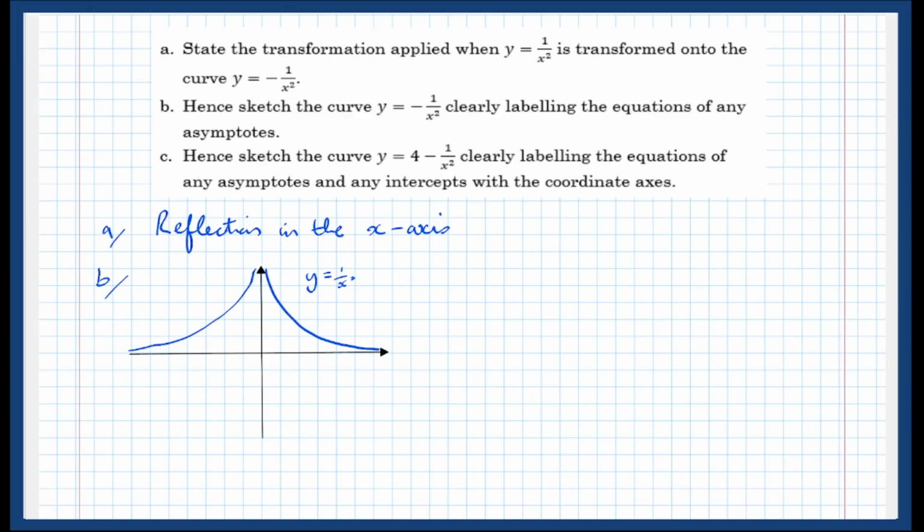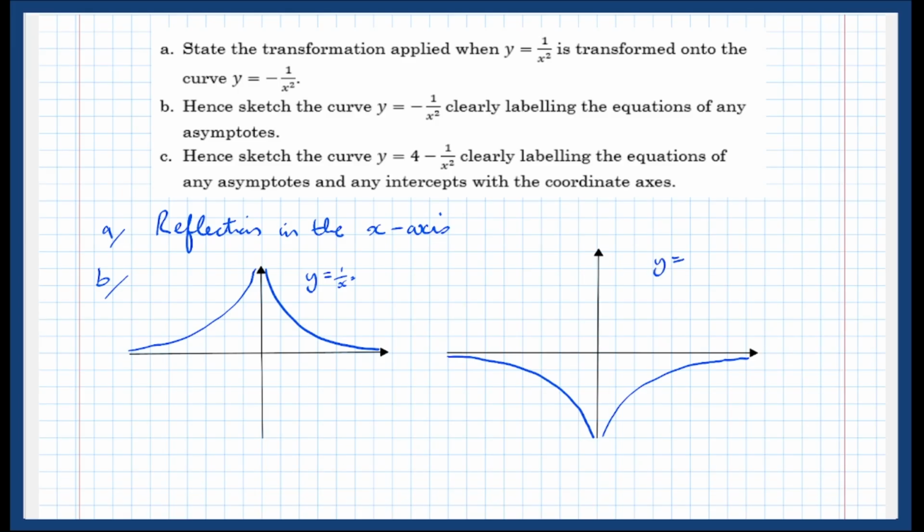So we're going to perform now a vertical reflection, a reflection in the x-axis, or a reflection through the x-axis, as it can also be known. So, like this here, like that, getting forever closer without actually touching it.